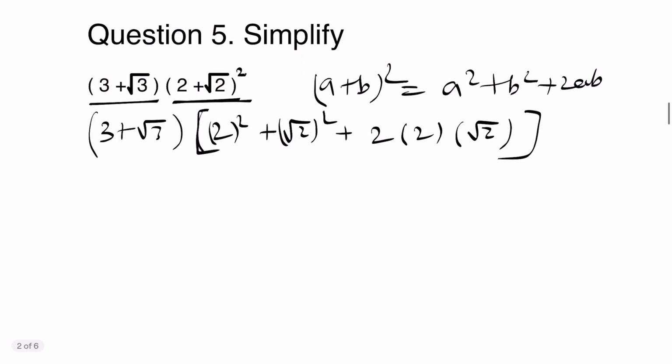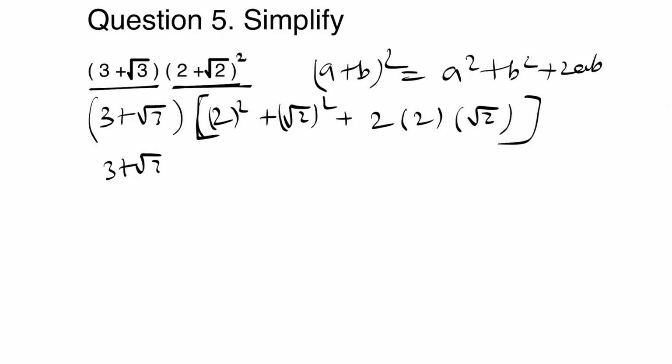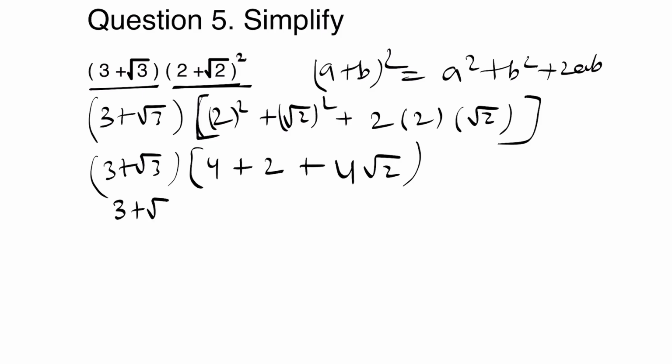So this will become 3 plus root 3, and this will become 4 plus 2 plus 4 root 2. This is 3 plus root 3, and this is 6 plus 4 root 2.